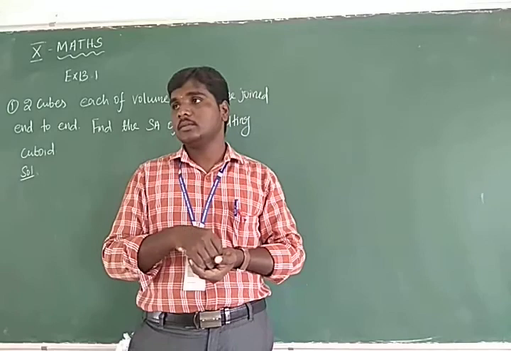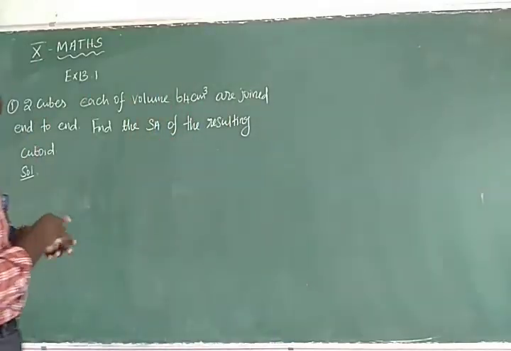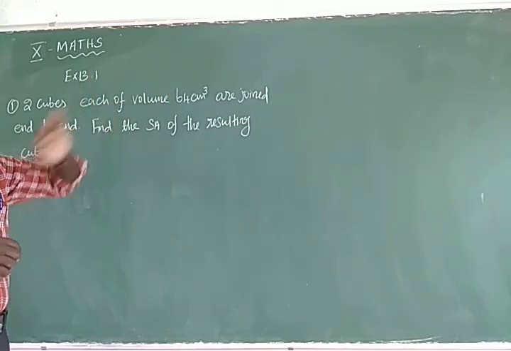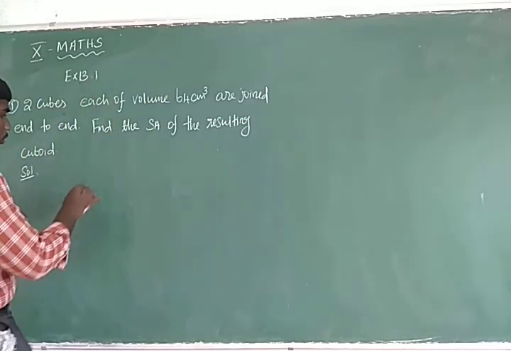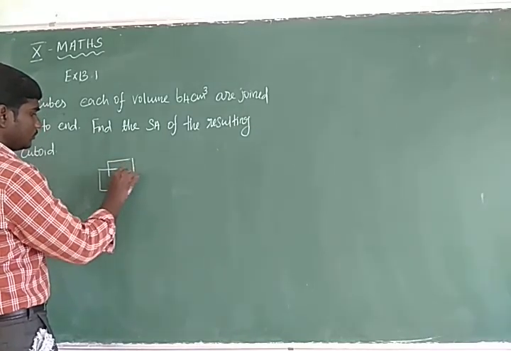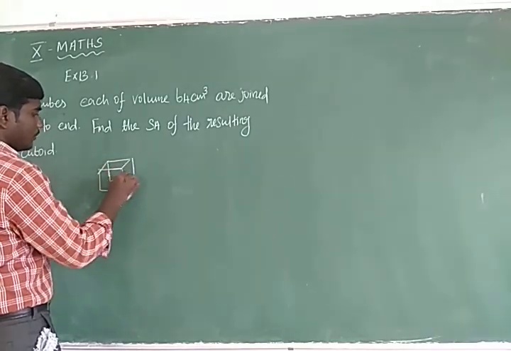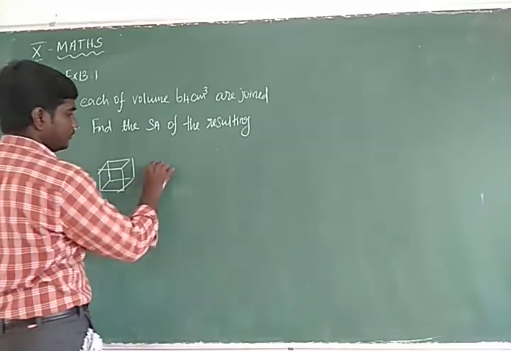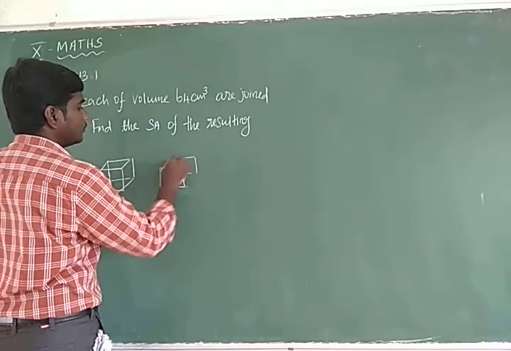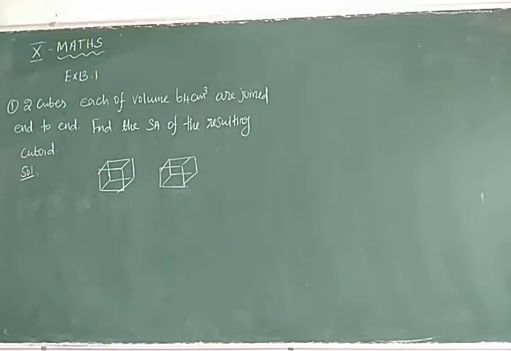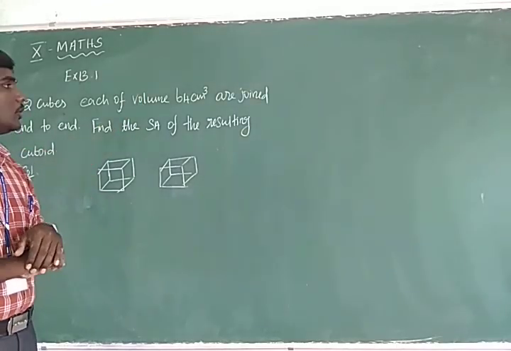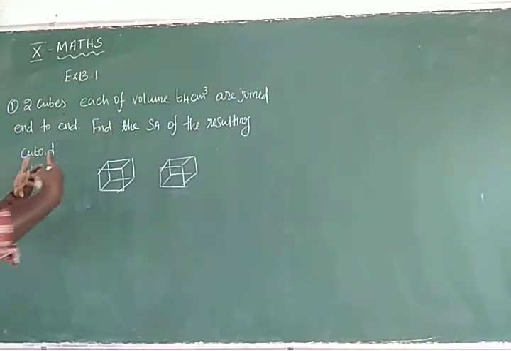Right. So, first question: two cubes, each of volume 64 centimeter cube. Two cubes are there, each with the same volume, 64 centimeter cube, and joined end to end.